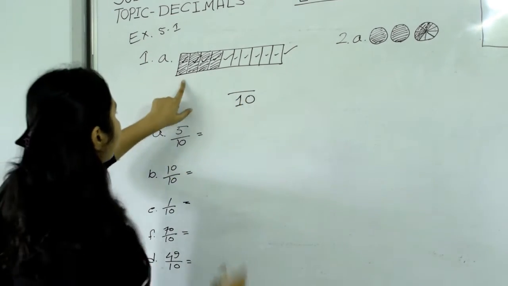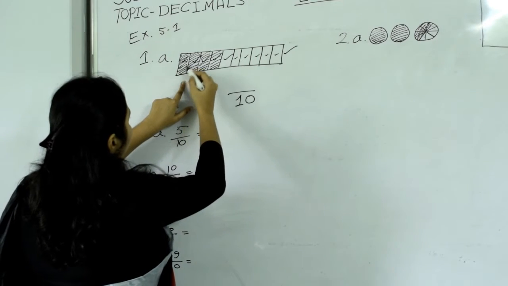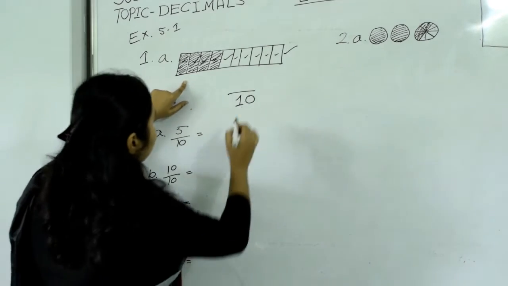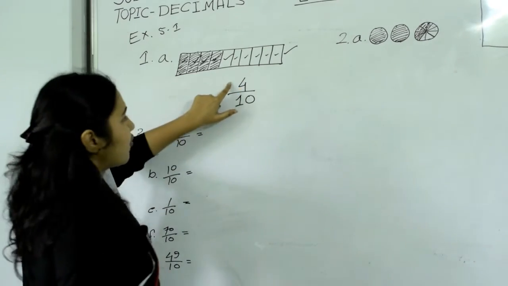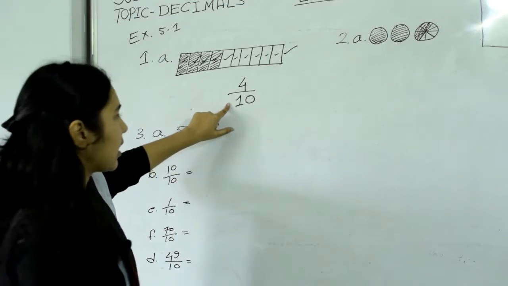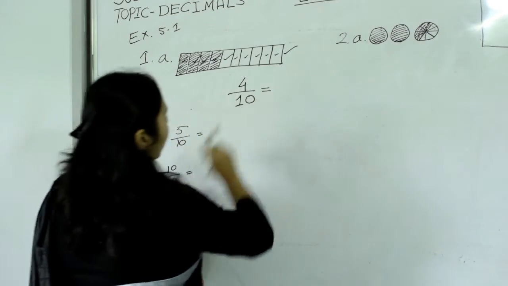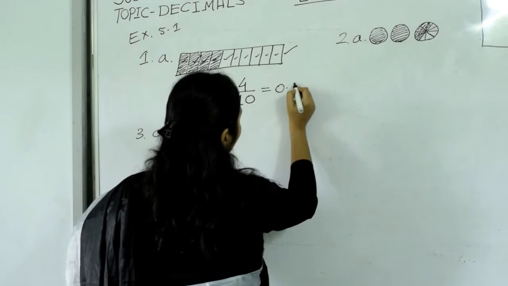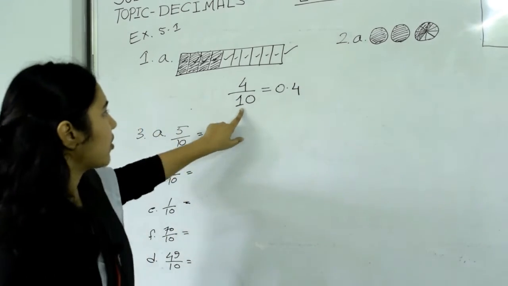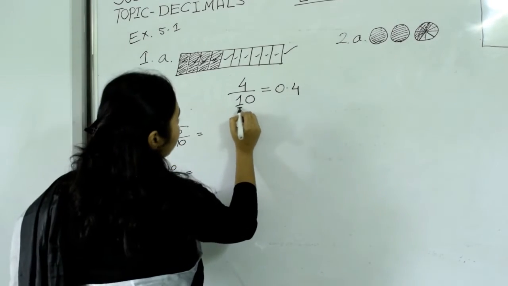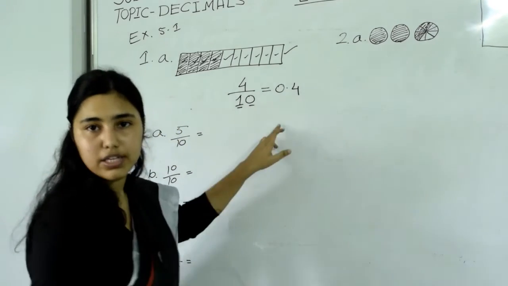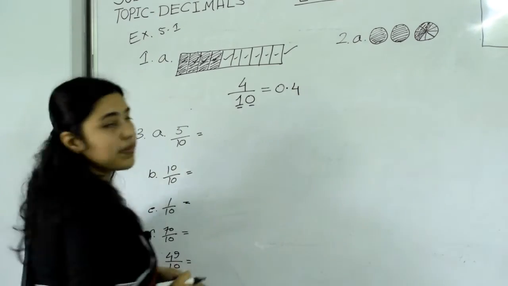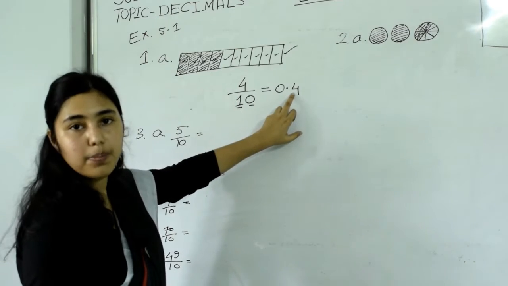And we have considered 1 part, 2, 3 and 4 parts, right? Which means our fractional value is 4 by 10, and we know that we can write it in decimal value as 0.4, right? Here 1 is followed by 1 zero, right?